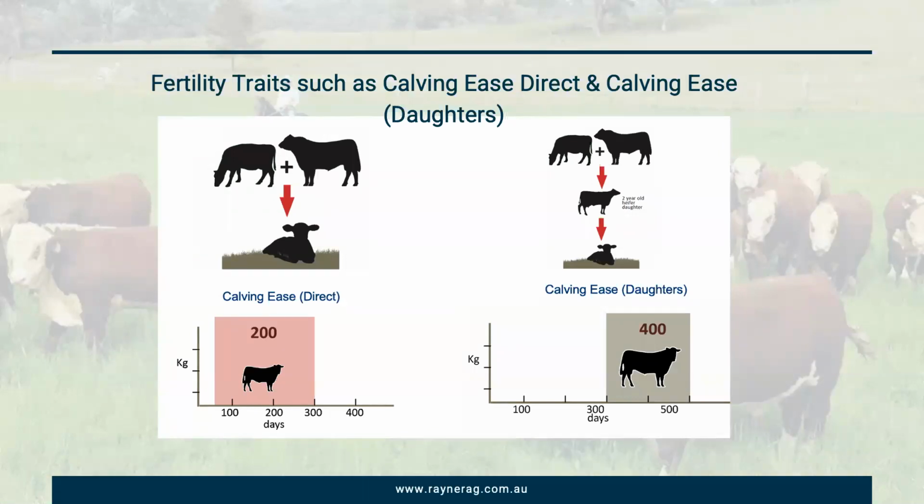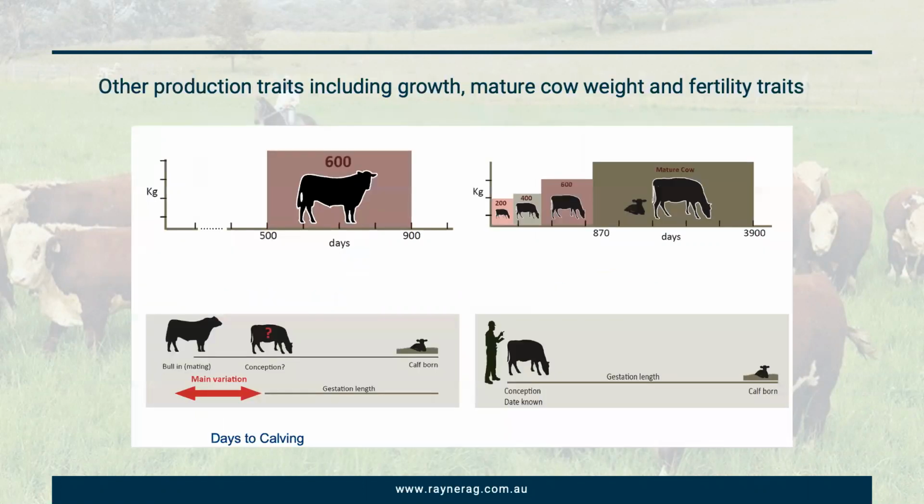They're two quite handy EBVs to look at, particularly if you're thinking about keeping replacement females within your herd. Among the production traits, we've obviously got growth traits measured at 200, 400, or 600 days, and mature cow weights measured on our older, mature cows.